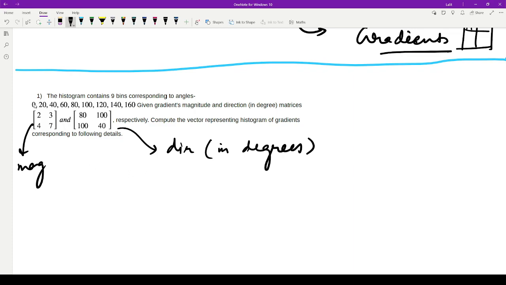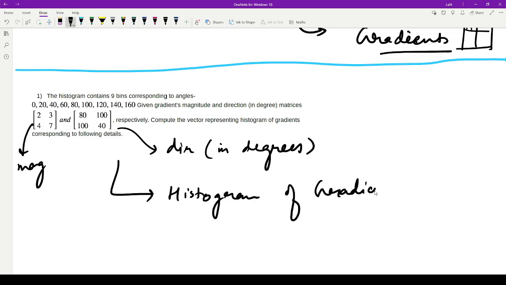So you're given the histogram bins out here, and you're given the magnitude and direction. So you have to use histogram of gradient features. So these are the features that you have to use.